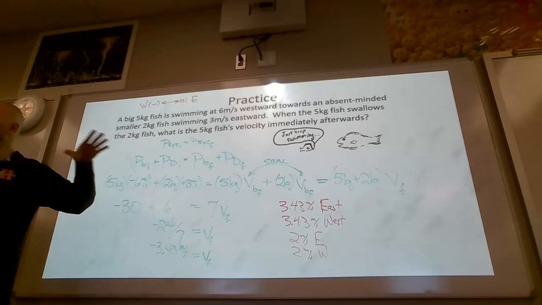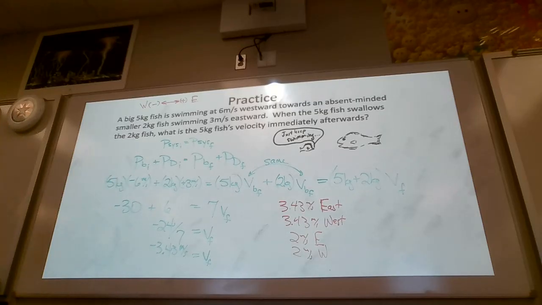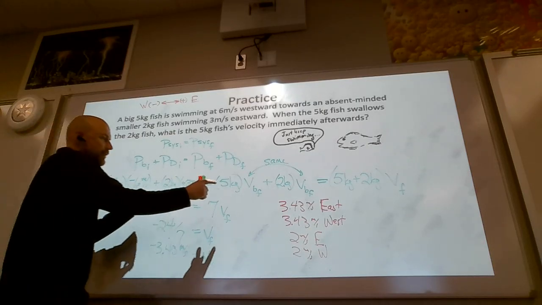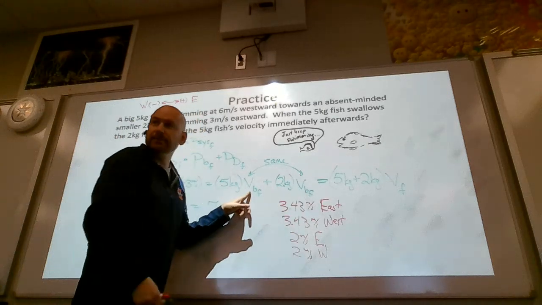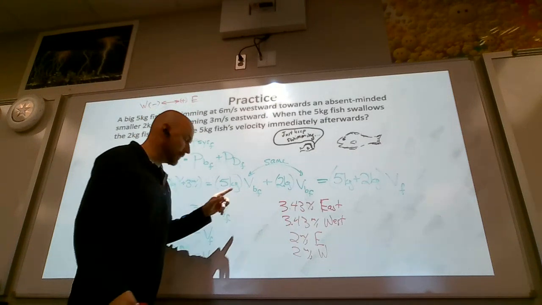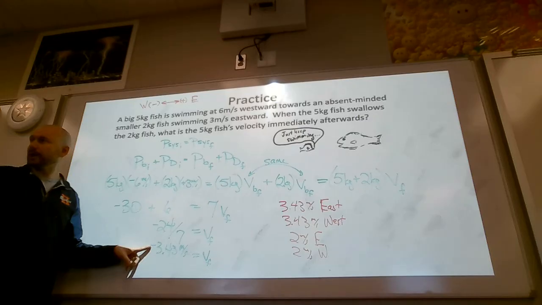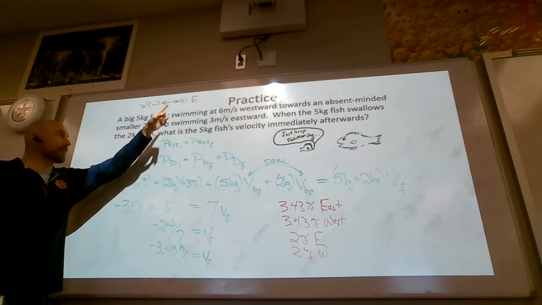So which way you make positive and negative, completely up to you. You just have to be faithful to stick with it. Okay? Assigning positive and negative is when you have numbers. Do not assign a positive and negative if you're solving for it. And the answer will show you which direction it's moving. If it ends up positive, that's the positive direction.